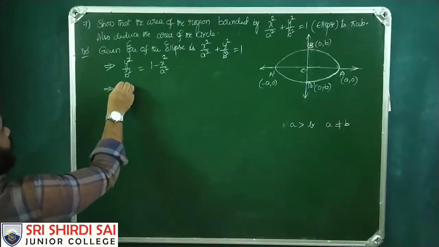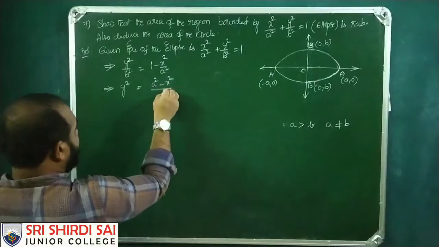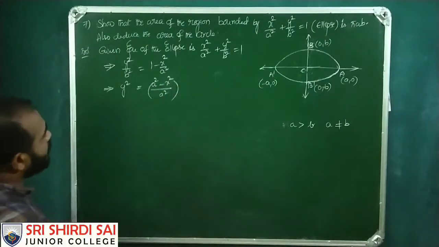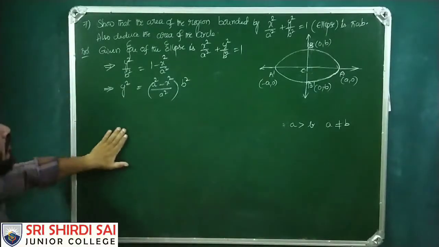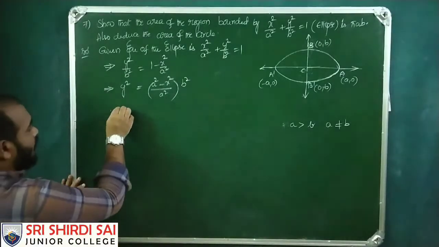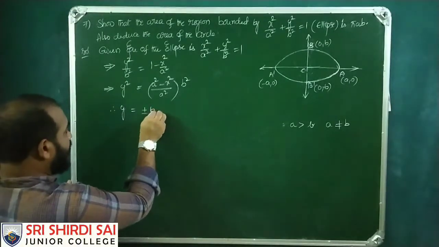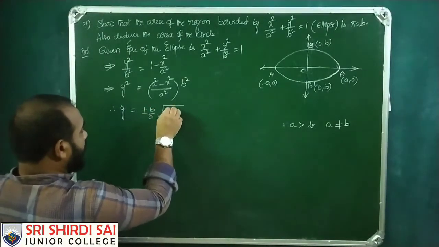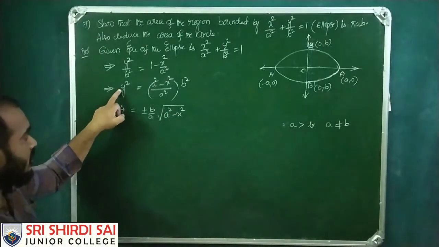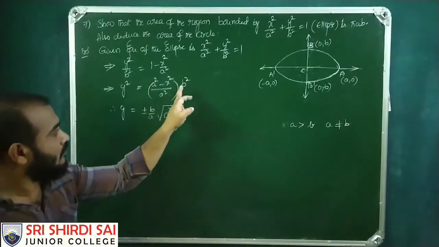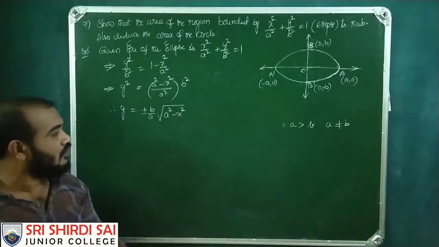This is y square equals a square minus x square by a square, into b square if you transpose to that side. Therefore y is equal to plus or minus b by a into square root of a square minus x square.